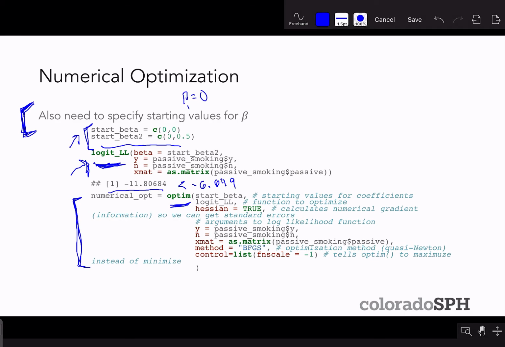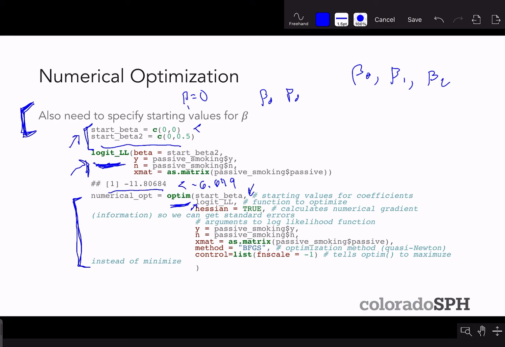Here, this is a vector of size 2 because I have beta 0 and beta 1. But if I had a problem where I had 3 coefficients, say beta 0, beta 1, and beta 2, then this would be a vector of size 3 because I would need to have 3 initial values. The second argument is the function that you want to optimize, which in our case is the log likelihood for logistic regression.